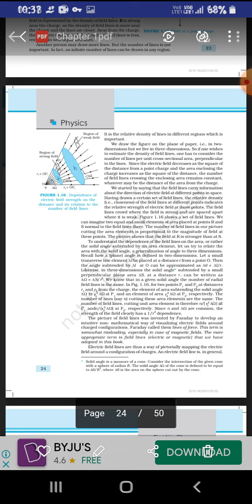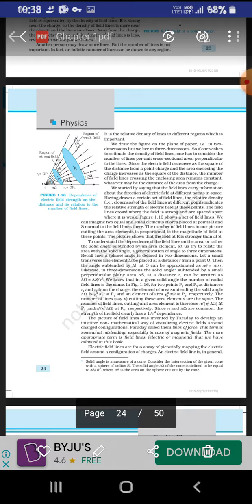So let us take a small element delta L placed at a distance r from a point O. Then the angle subtended by delta L at O we can write as delta theta equals delta L by r, and therefore we can write delta omega equals delta S by r square, and also we can write it like that only.